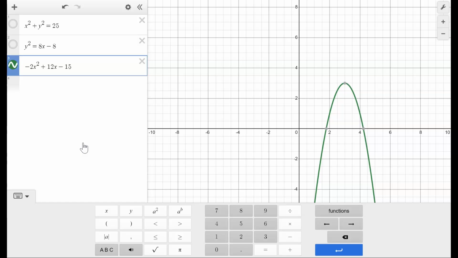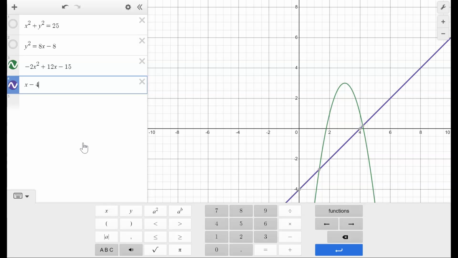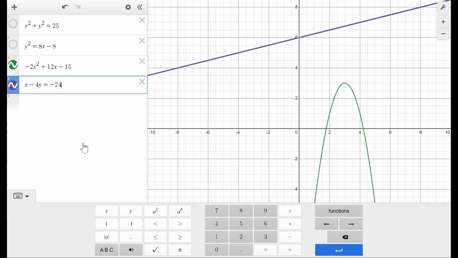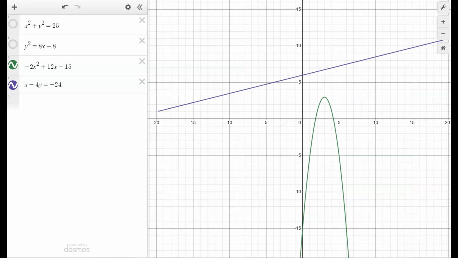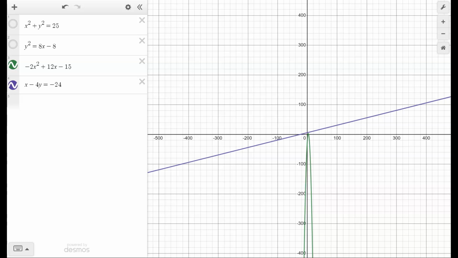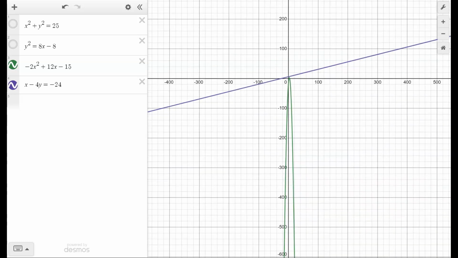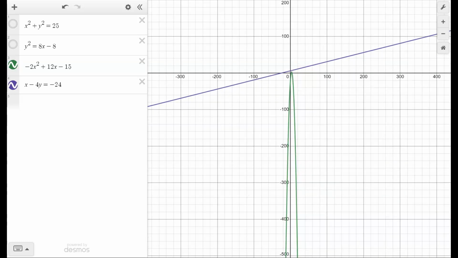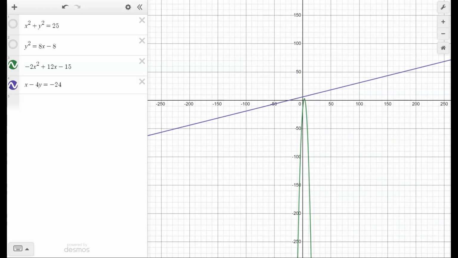Okay, and then our next equation that we're graphing with it is going to be x minus 4y equals -24. And so notice how neither one of these is touching, right? Even if I zoomed out, notice how the more I zoom out, we can see that that line goes on forever, but these are never going to touch. So this would be an example of no solution.